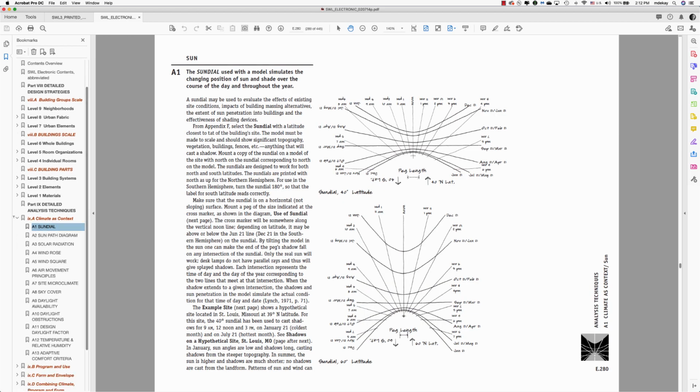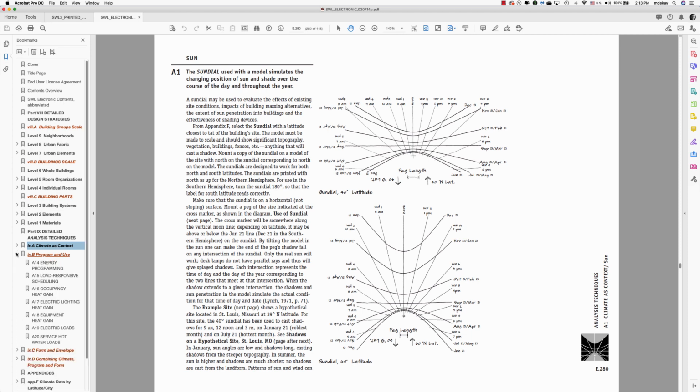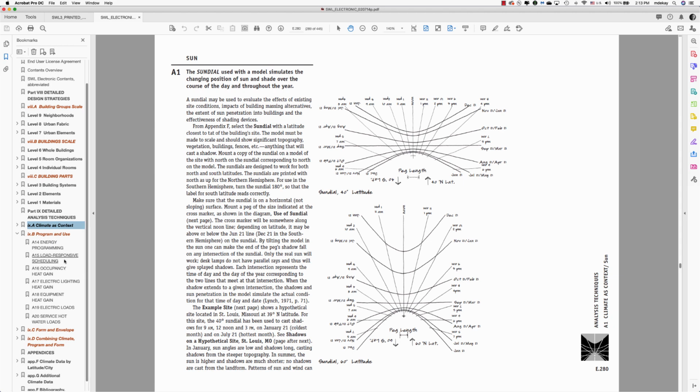Climate as context tells us about the nature of climate, trying to understand that as a place and what it offers us and what its limitations are, how it's our friend and our enemy. Program and use deals with programming, with things like scheduling of loads, but also what happens inside the building, heat gains from people, lighting, equipment, electric loads, etc.